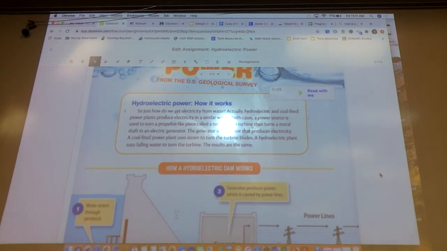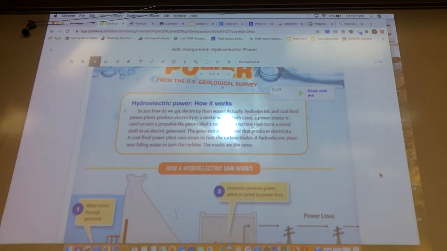Hydroelectric power. How it works. So how do we get electricity from water? Actually, hydroelectric and coal-fired power plants produce electricity in a similar way. In both cases, a power source is used to turn a propeller-like piece called a turbine.